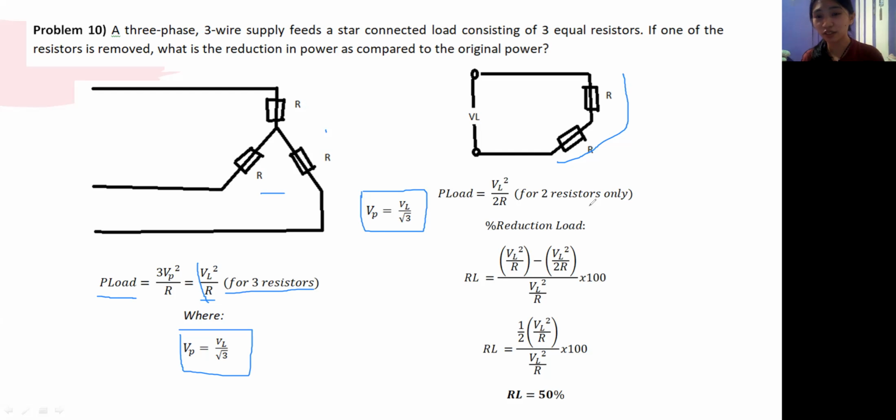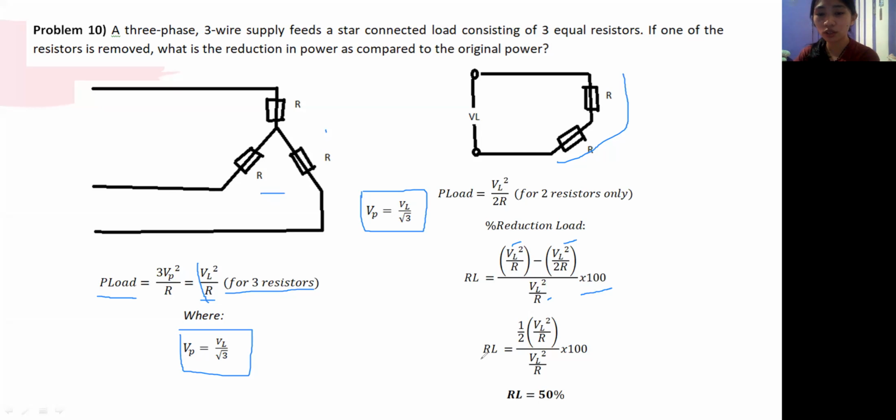For calculating the reduction in load, the reduction is equal to the load for the given three resistors minus the load for the one removed resistor, all over the load for the three resistors given, times 100. Because we are asked for the reduction in power, it is in percentage form.